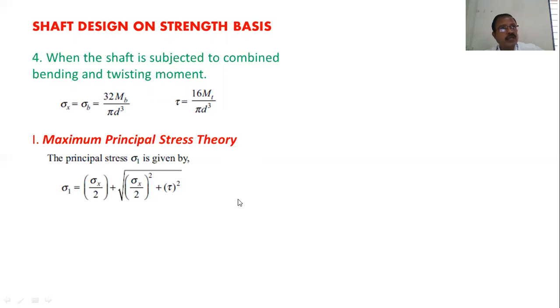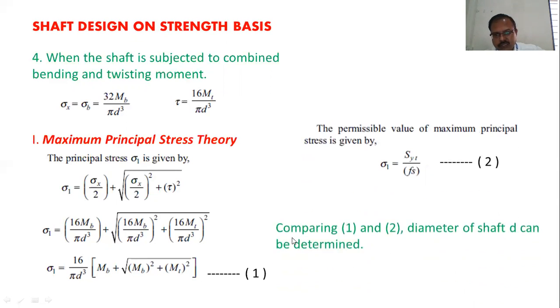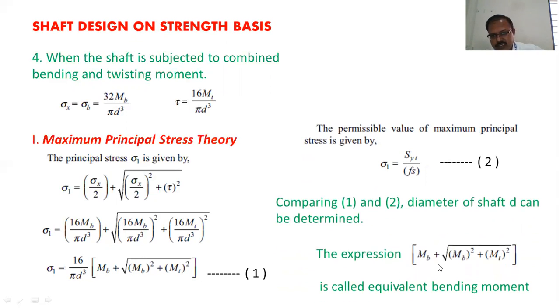So putting all the values in this equation, we'll get the simplified equation as sigma 1 is equal to 16 upon pi d cube times Mb plus under root of Mb square plus Mt square. This term in the bracket is called the equivalent bending moment.